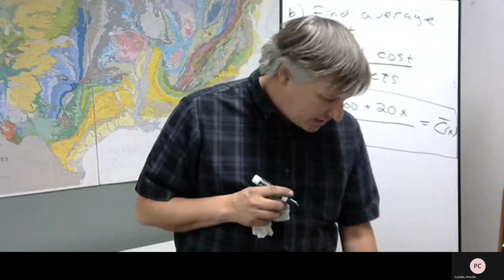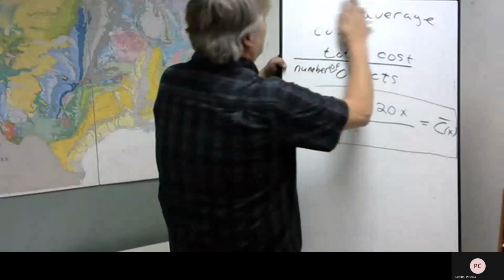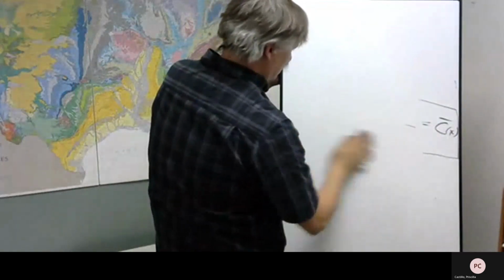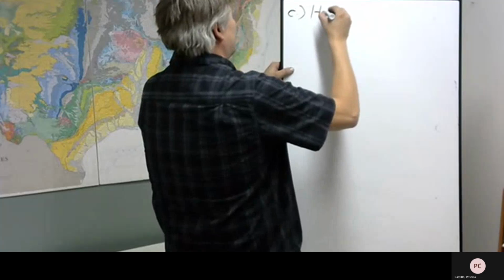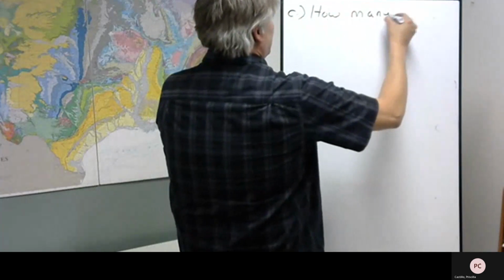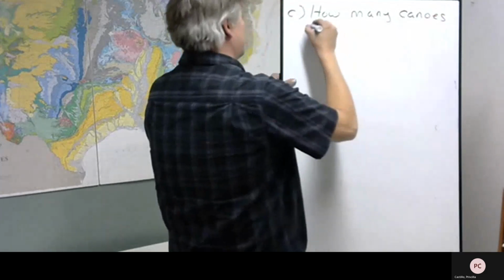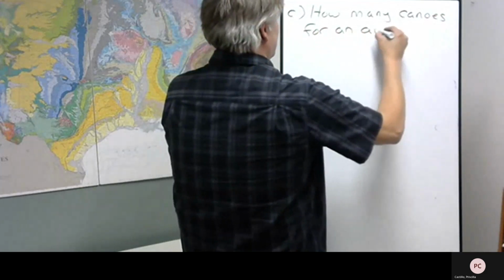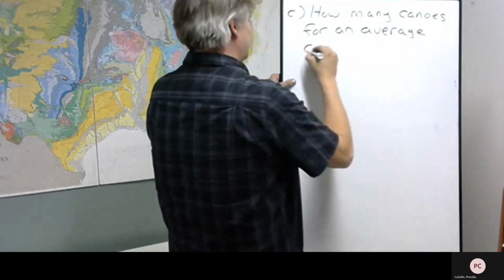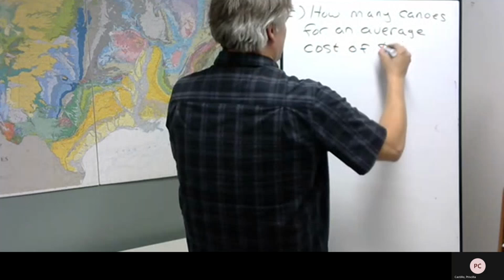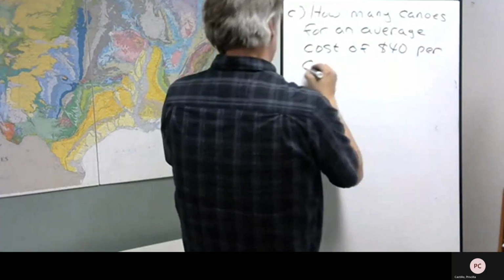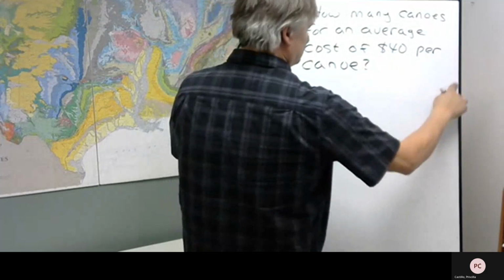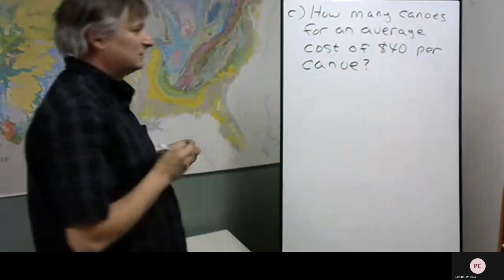Now, here comes the question. How many canoes must be produced each month for the company to have an average cost of $40 per canoe? All right.